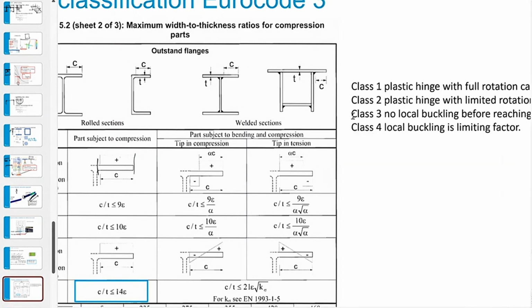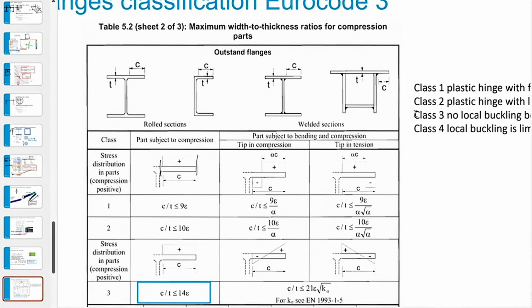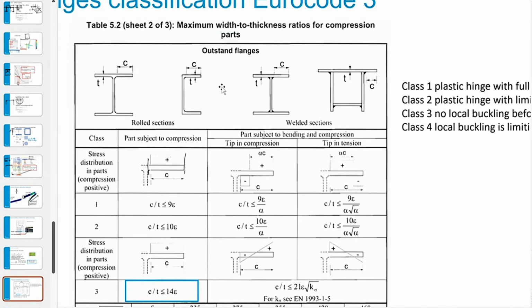And class 3 means that at least you can reach the yield stress in your beam, because the beam yields before it buckles locally. And class 4 is also the reason why it is excluded for a lot of different structures, because class 4 means that your shape buckles before it reaches the yield limit.